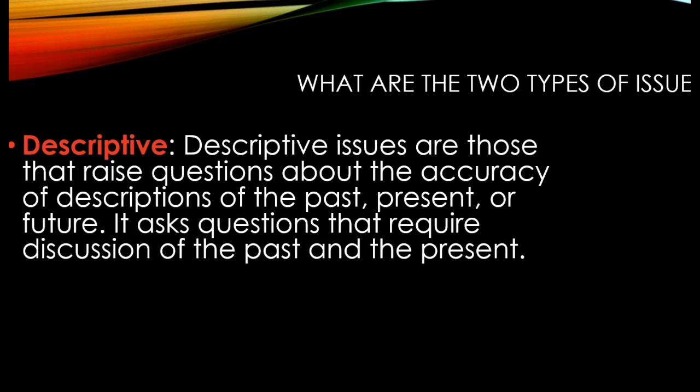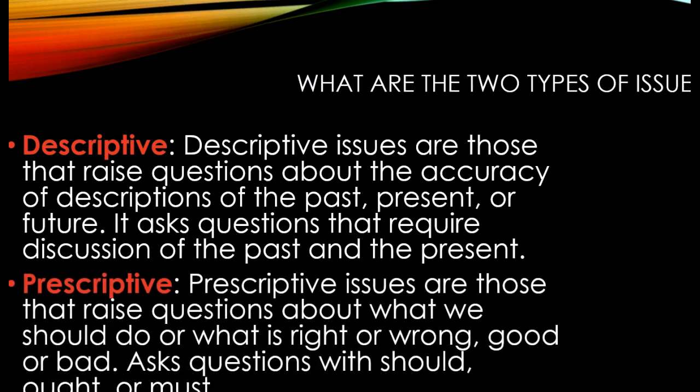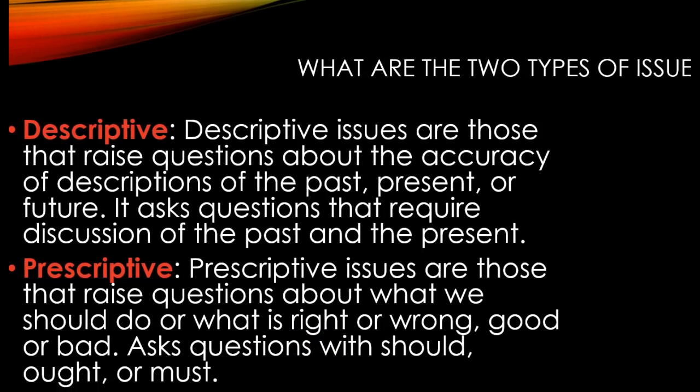In an article, they would be talking about history. They would be talking about current events, and they would be even kind of reflecting about what might happen because of them. The next issue is prescriptive, okay? A prescriptive issue is one that deals with something that's right or wrong, or good or bad.